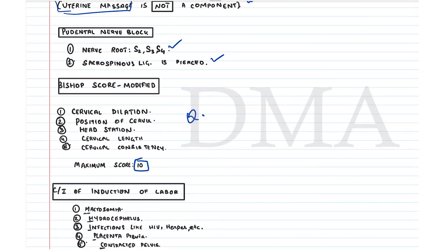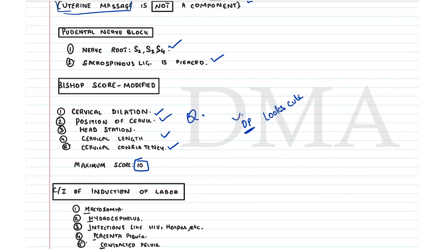Maximum score is 10. The parameters are dilatation, position, length, and consistency. Cervix dilatation, position, length, and consistency. You should never forget. Okay, DP looks cute. You should never forget DP looks cute.